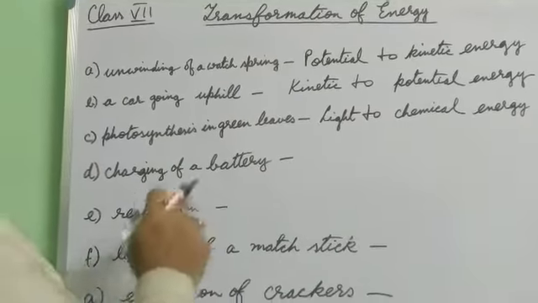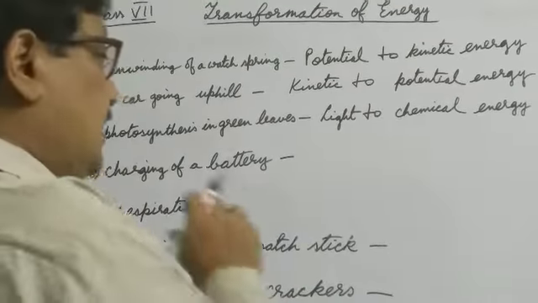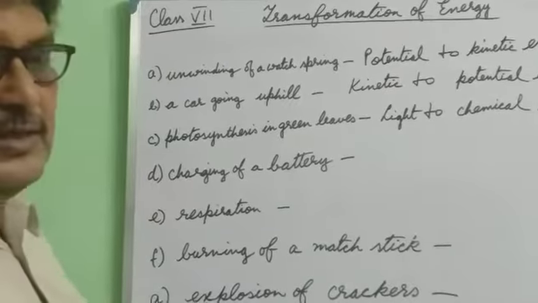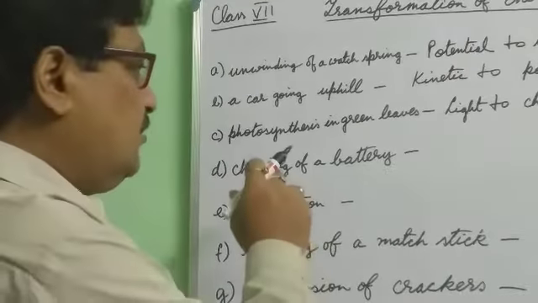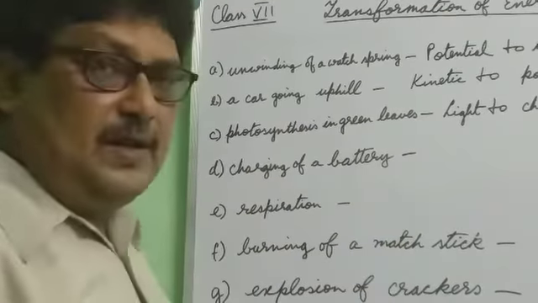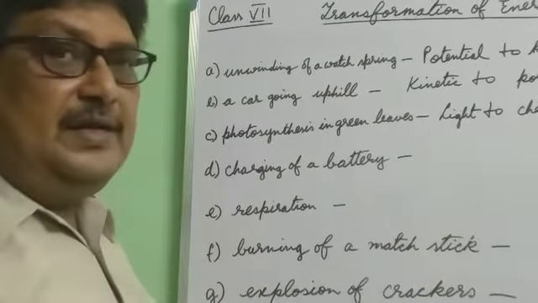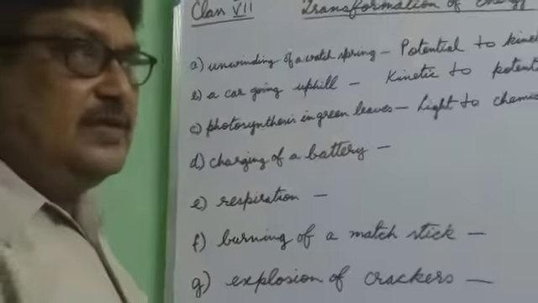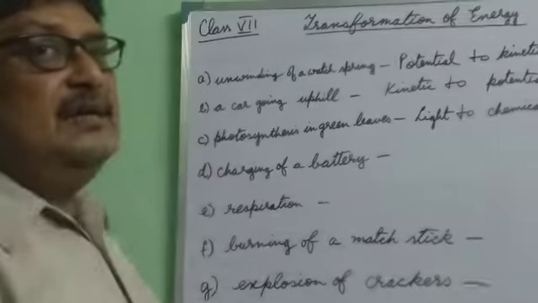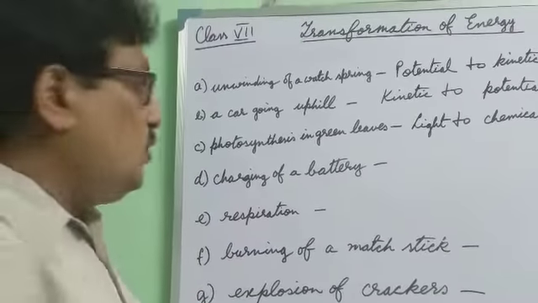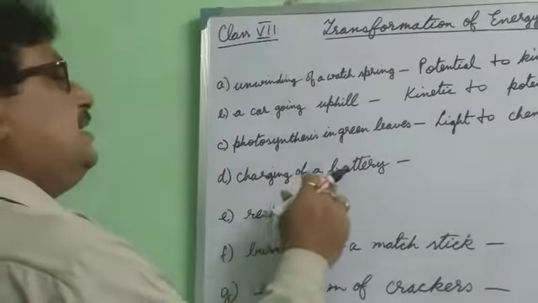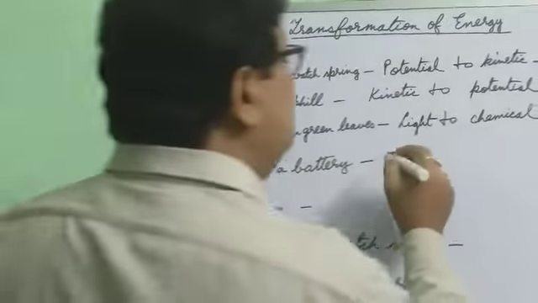Next is charging of a battery. Charging of a battery is not the same as using the battery. For charging, you have to put the wire on the plug and then the battery draws the current, or draws electricity, and some chemical change takes place. So it is electrical energy into chemical energy.